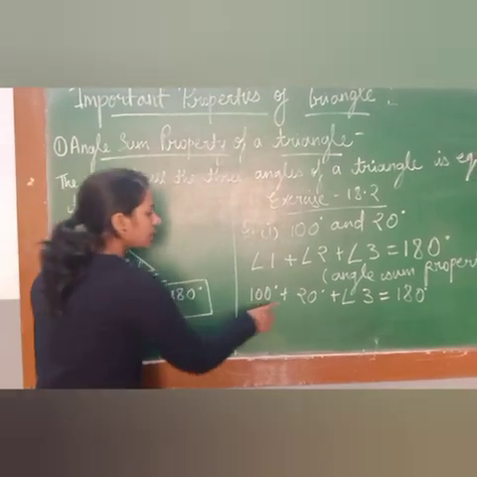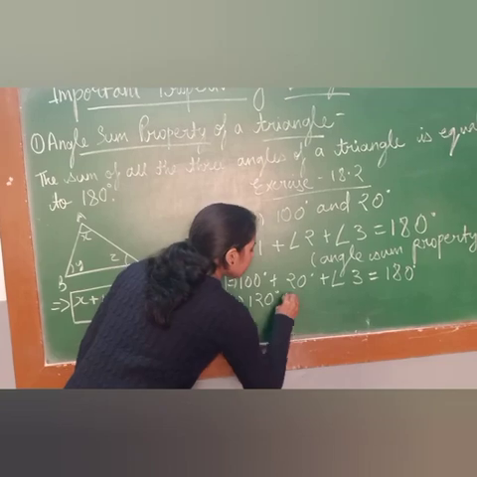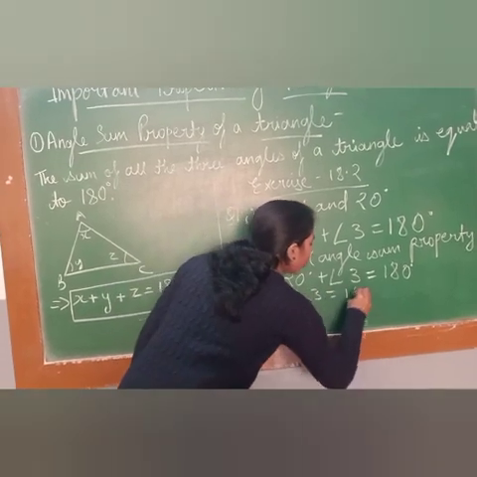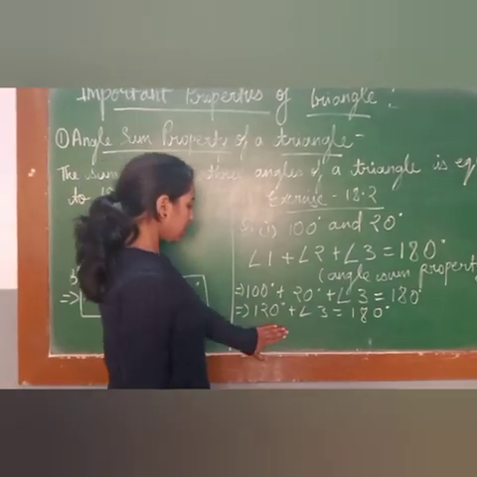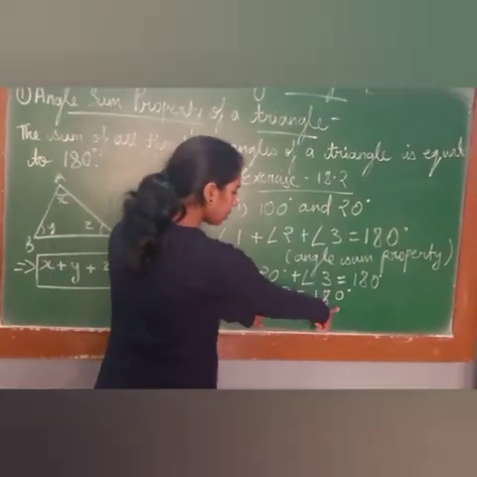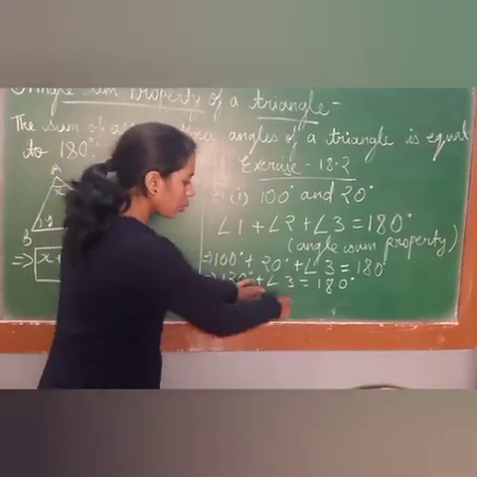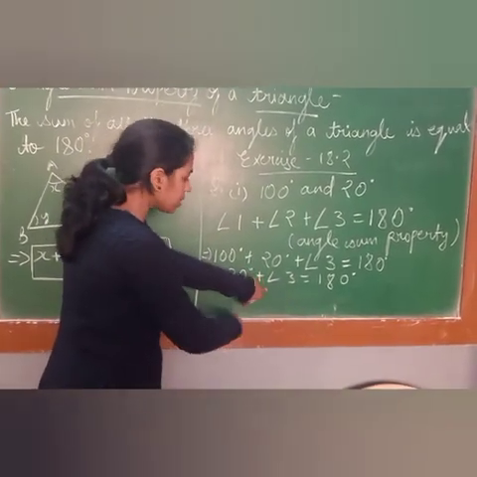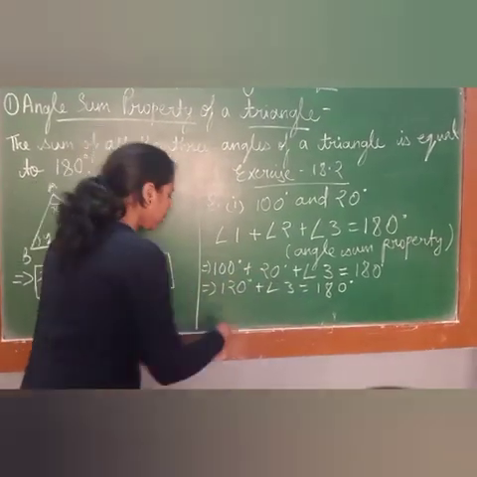Now, when you add this, you will get 120 degree plus angle 3 is equal to 180 degree. Right? Now students, this you have to find, this you know, this you know. So what you are going to do, you are going to leave it on the left hand side, and take 120 degree to the right hand side.